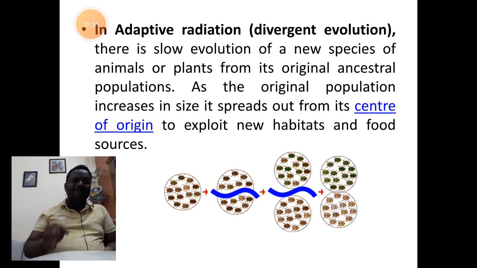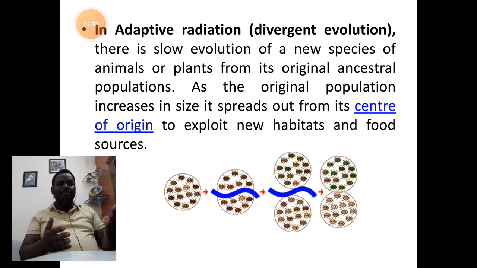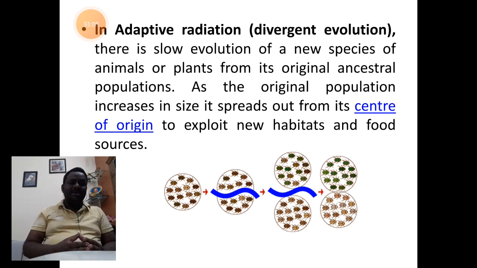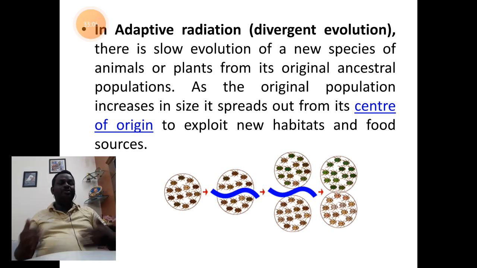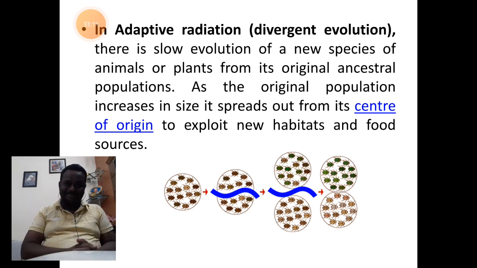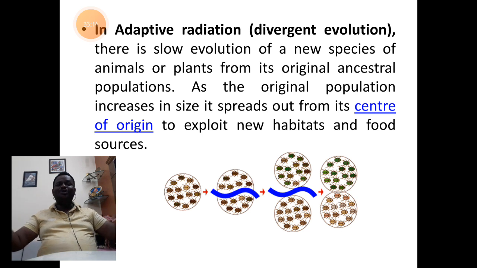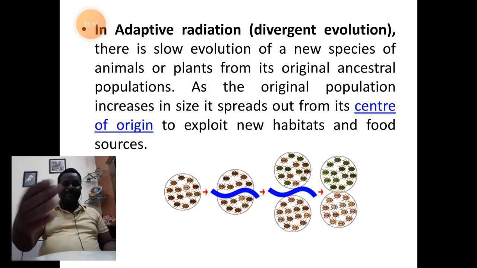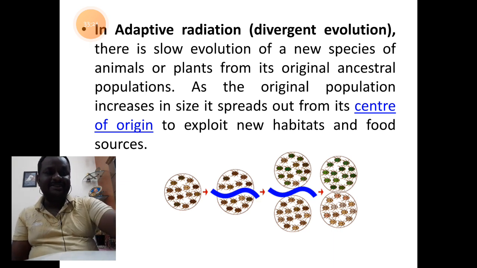So a single ancestral stock can form many new species, and it is by means of the geographical barriers and the spreading of newer environments, habitats and food sources that becomes very common for those particular organisms. So new species keep on forming. The same example we can quote here of red beetles.